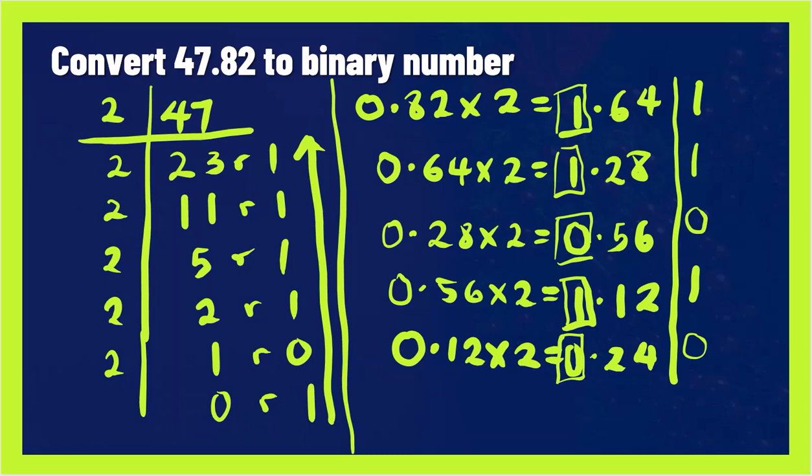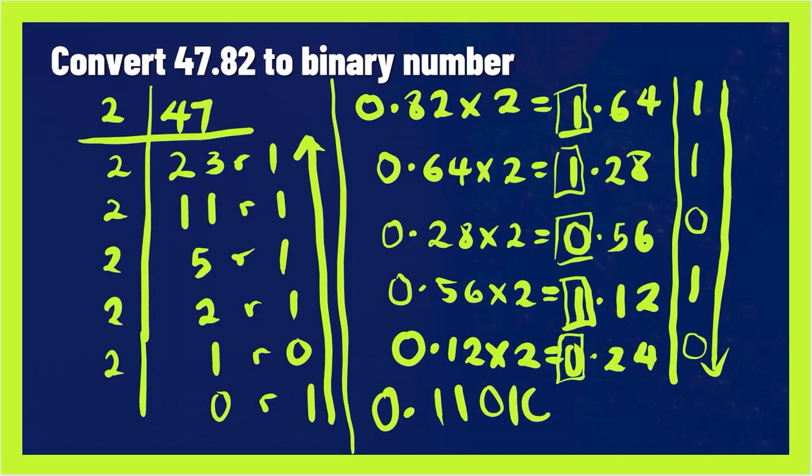So the answer to the fractional part is 0. Then we'll take it top down, from the top to the bottom. Okay, 1 1 0 1 0. So it's going to be 0.11010.